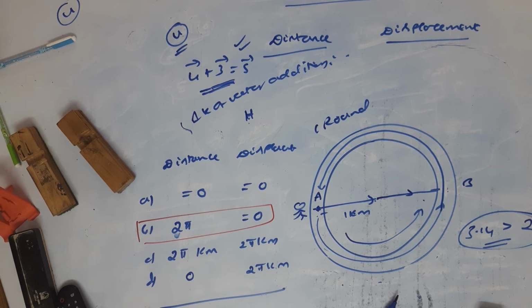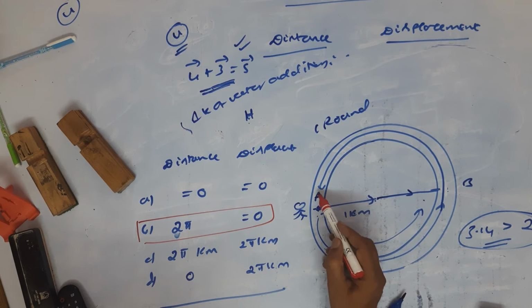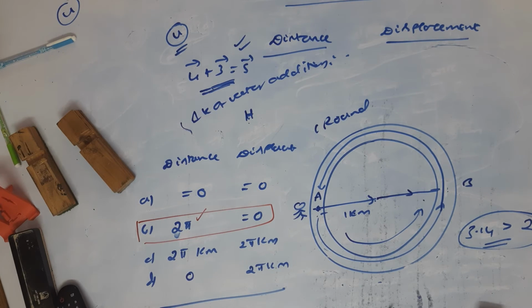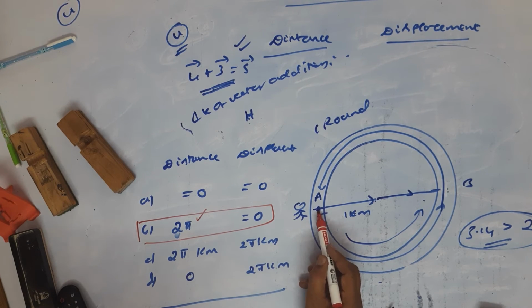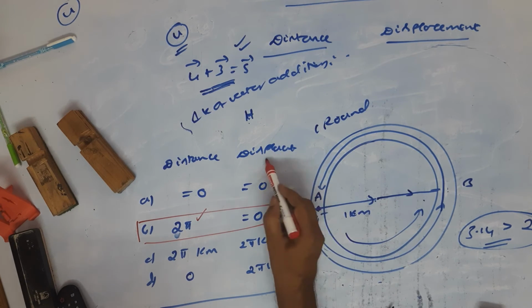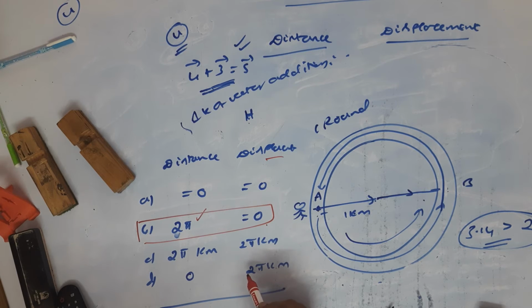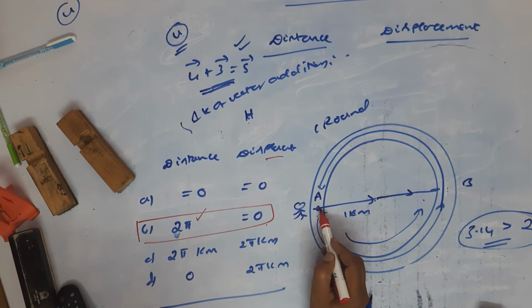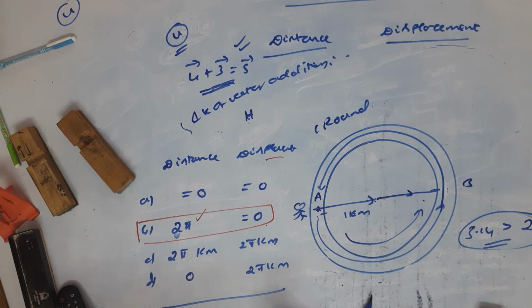It is correct. Therefore, you please remember, during the journey, look, you have come back from here to here, so the distance travelled is equal to 2 pi kilometer. It is correct. But since you are coming to the same place, the displacement is equal to 0. So if you come to the same position, then no doubt the displacement is 0, but the distance is not equal to 0.